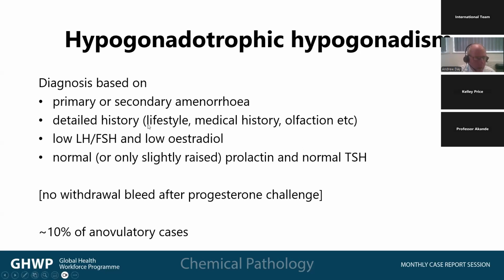Then they're not well estrogenized, so there isn't a large uterine endometrium, and so after a progesterone challenge, there isn't a withdrawal bleed. Relatively uncommon as a cause of anovulatory infertility, but probably accounts for about 10% of anovulatory cases.